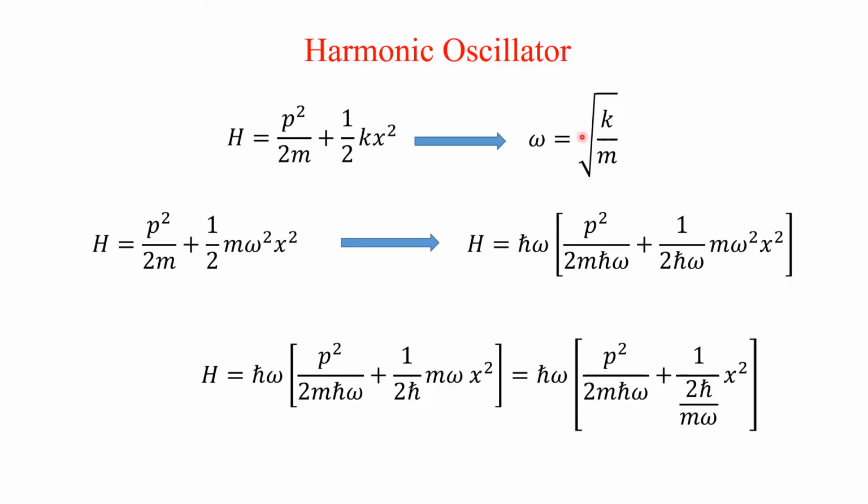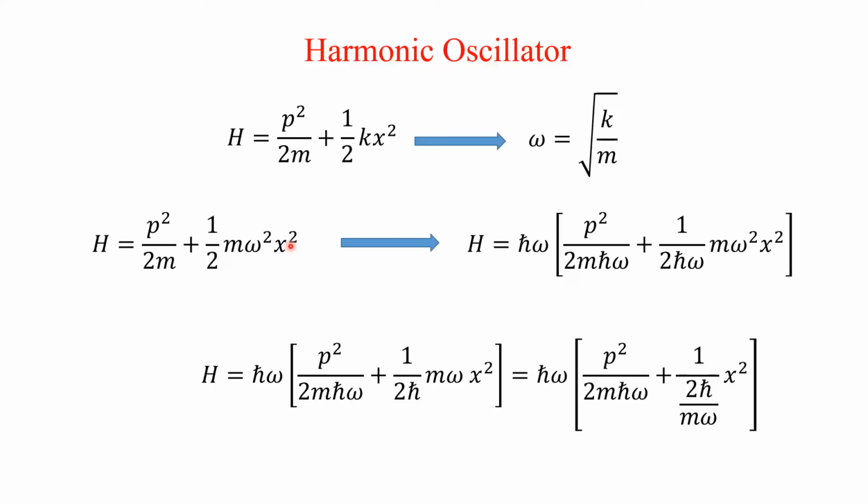If you substitute this for k, you will get H is equal to p squared over 2m plus 1 over 2 m omega squared x squared, because k is equal to omega squared into m. So this will become m into omega squared, and of course, here you have x squared.